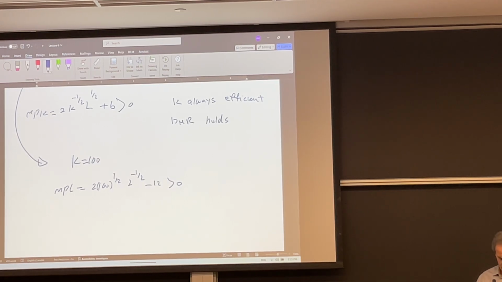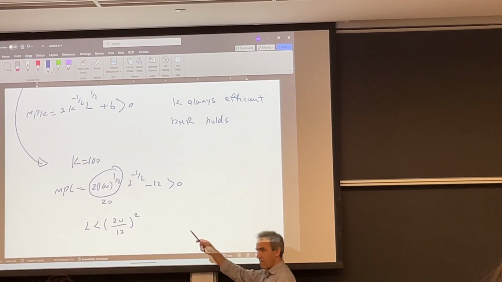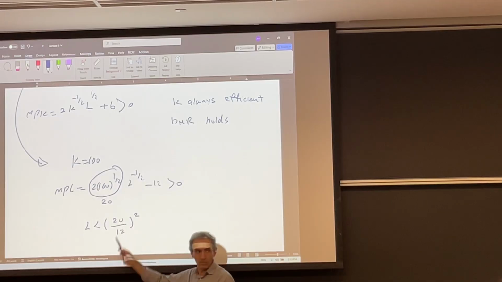If you solve it, what do you get? This will be 20, is it? Alright? That's 20. So you're going to get 20 divided by 12, L less than that. Yes. You cannot use more than this labor because that makes it negative. That's the maximum number of labor you can use.